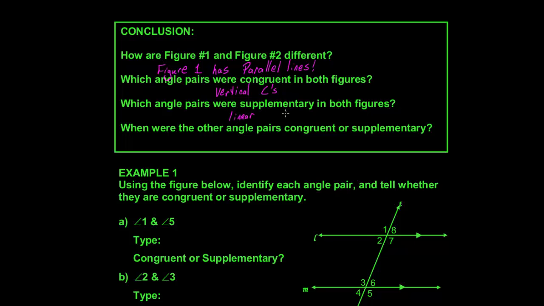Which angle pairs were supplementary in both figures? Once again, harp on this. By definition, a linear pair will be supplementary every time. Now, when were the other angle pairs congruent or supplementary?